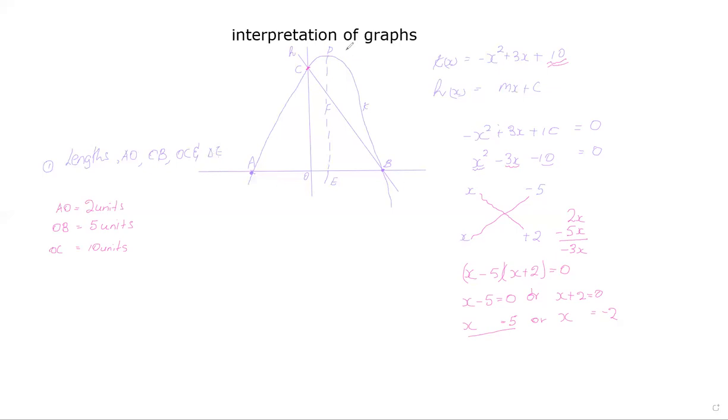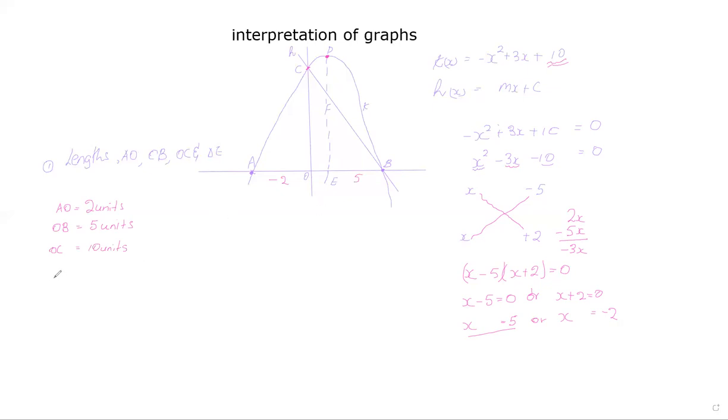And then DE is the maximum point, the turning point here. So for us to get DE, we can first get the value of OE. From here we have negative 2, here we have 5. So DE is the axis.